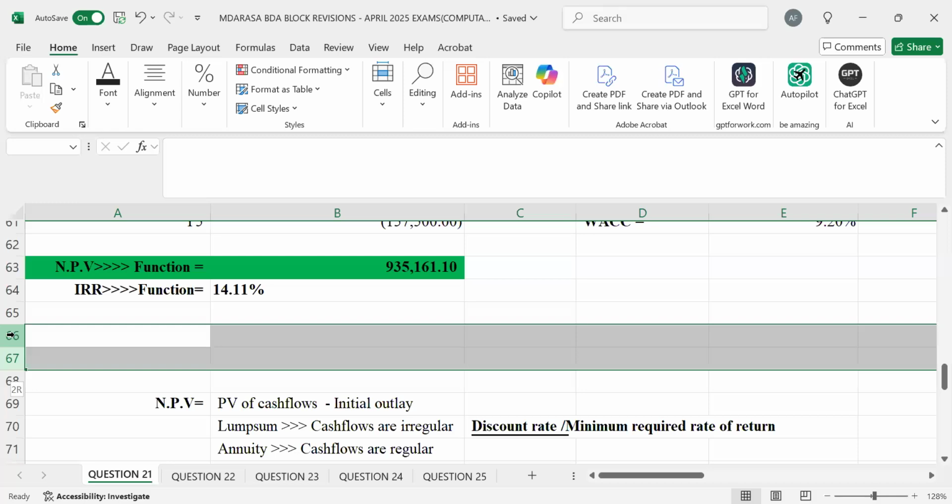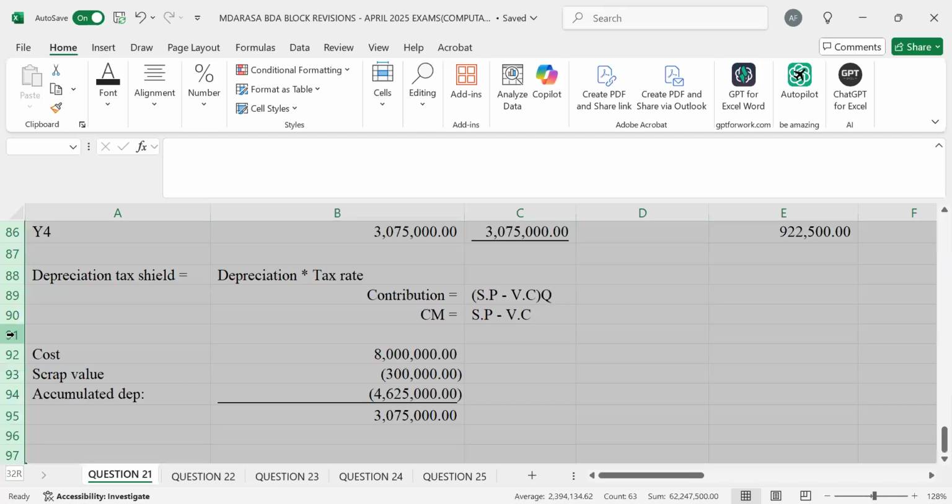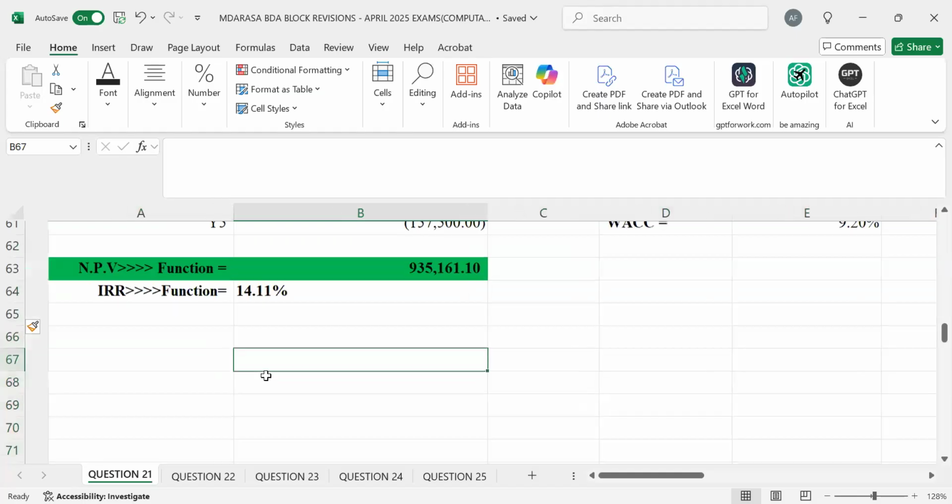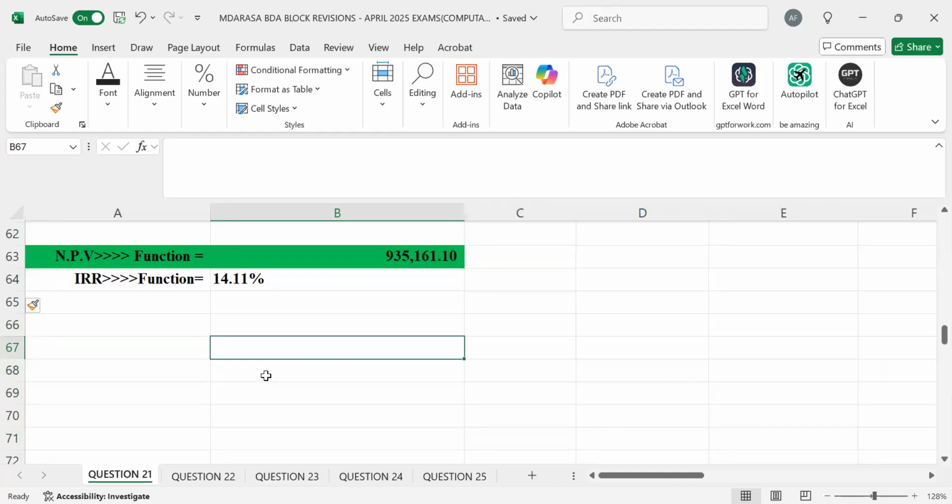Okay. So IRR using our chart. In our understanding of IRR, we should know that IRR is a rate that will equate our NPV to be equal to what? To be equal to 0.